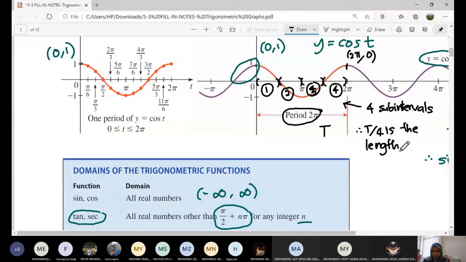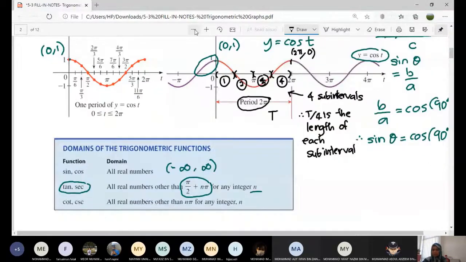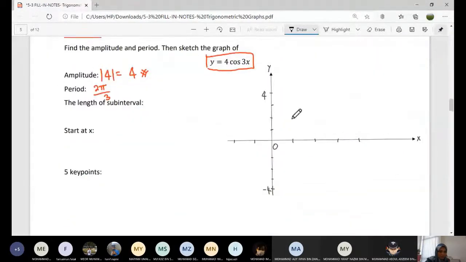Okay, we continue with the previous example. Here we have the period 2 pi over 3, so we have to divide by 4. So what will you get?